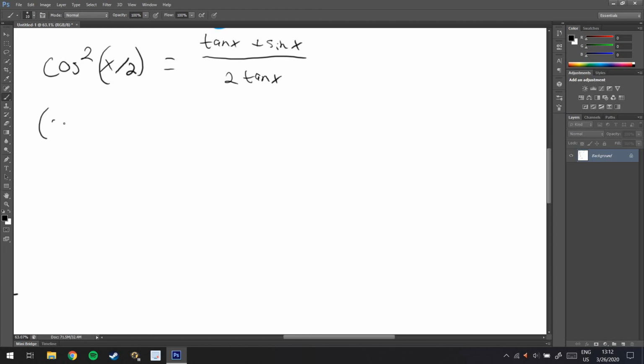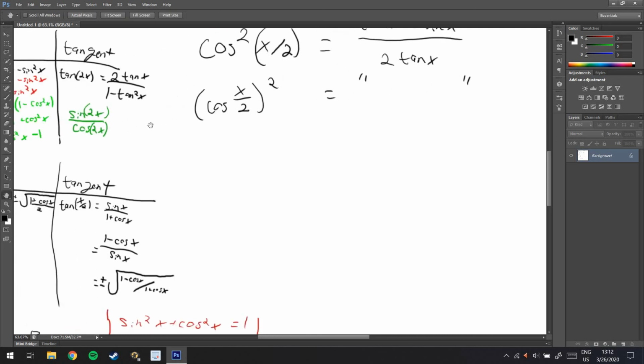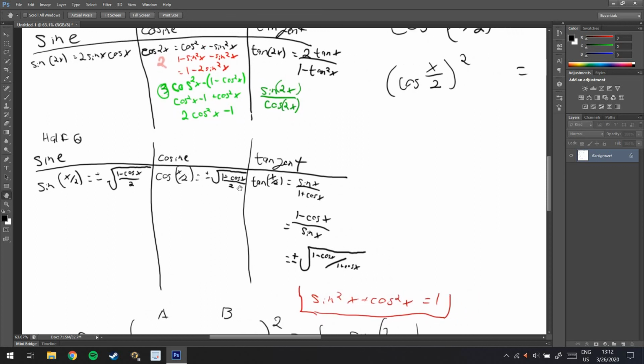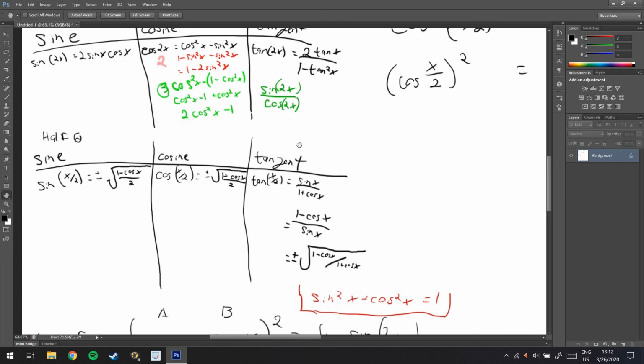Well, this is just cosine x over 2, all squared, and then I'm just going to copy this down. Now I know what the half angle for cosine is. If I look back in the notes, half angle for cosine is plus or minus the square root of 1 plus cosine x over 2.